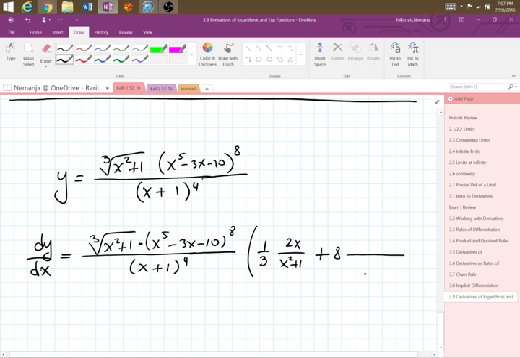Copy the function as is on the bottom, which is x to the 5 minus 3x minus 10, and put its derivative on top, which is 5x to the 4th minus 3. And the last function is in the denominator, which means minus. The exponent is 4, so 4 times, and the function goes as is on the bottom, and its derivative on top. And this is the derivative of the whole thing, without doing any work.